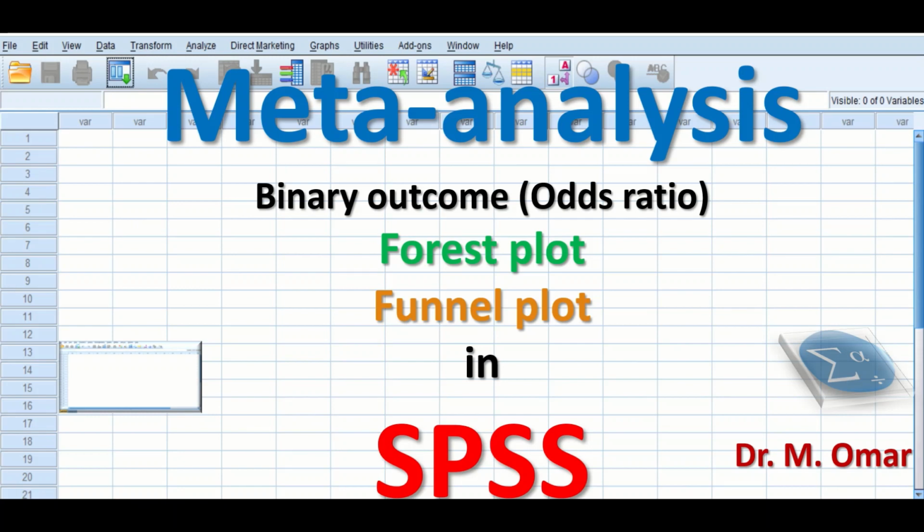Meta-analysis is a statistical method that combines results from several independent studies and then gives a summary of these results. It provides a precise estimate of the effect size for a specific intervention, exposure or treatment compared to a control by pooling, producing an overall effect size.